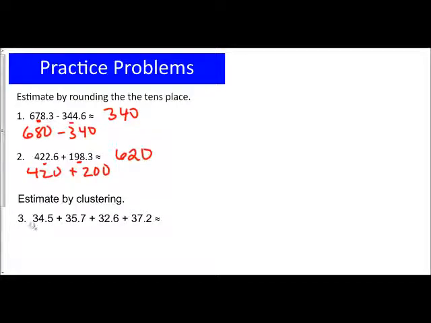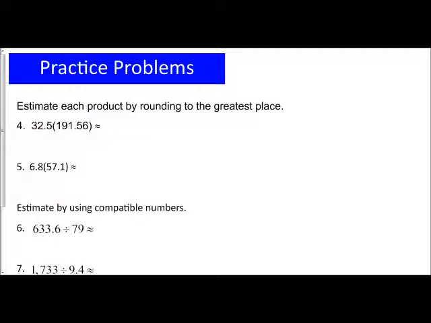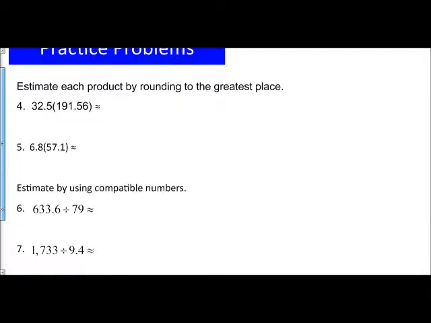These numbers here all cluster around 35, so I'm going to cluster them there at 35. And if I have 4 35s, that's about 140. All right, for these next examples here, I'm going to round to the greatest place when I'm multiplying here.